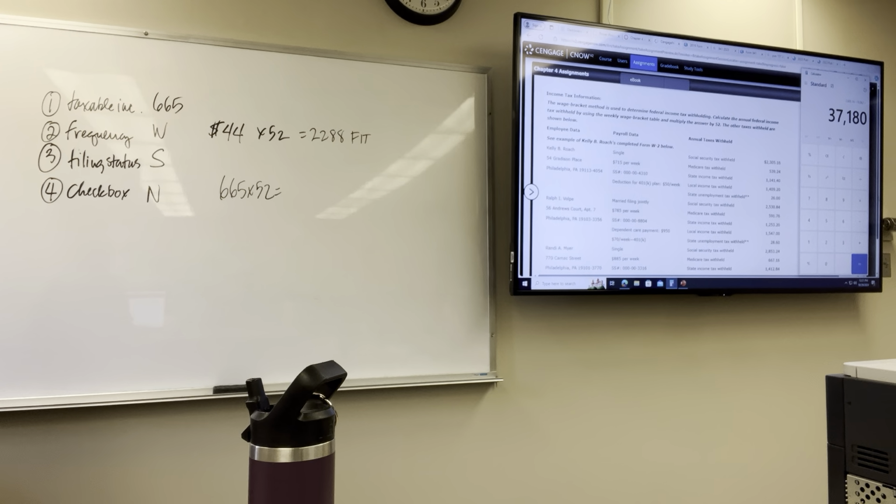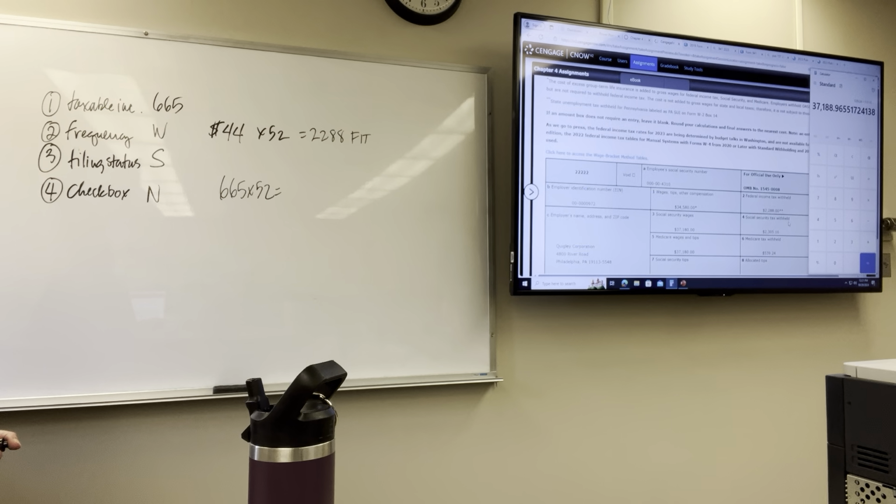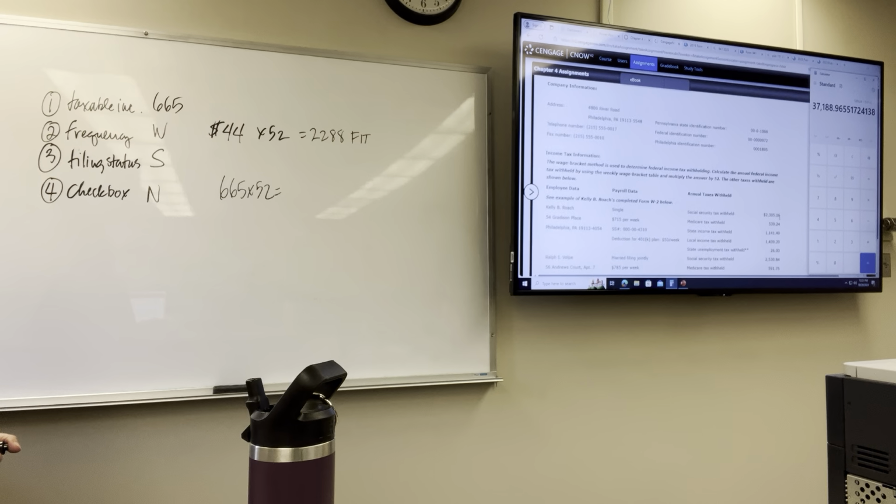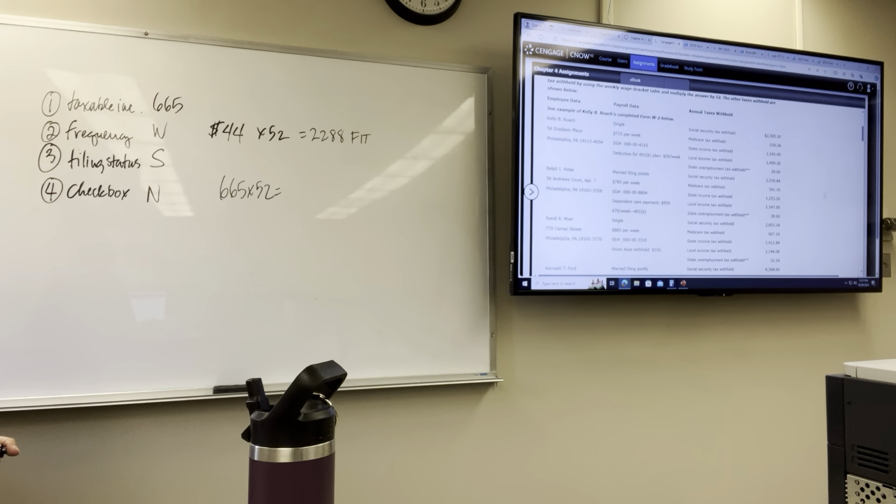You could get there that way. I wouldn't call it cheating, just utilizing an available shortcut. Same thing with the Medicare tax, so $539.24 divided by the tax rate. So 37.1. Oh, that's not quite right though. Why is that? 539.24. Oops.